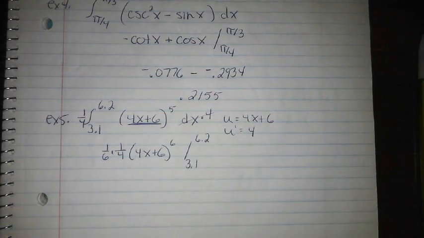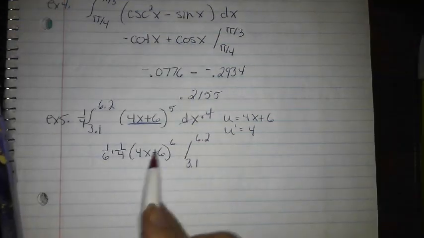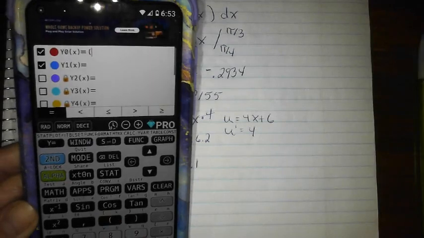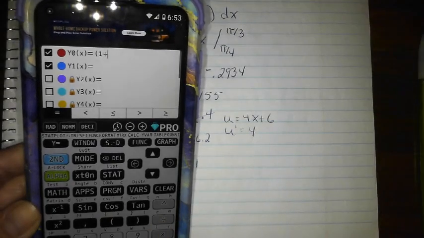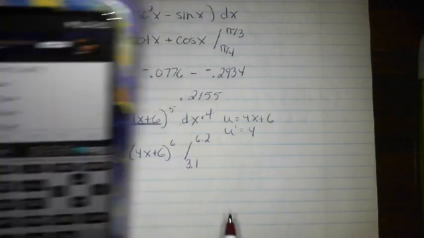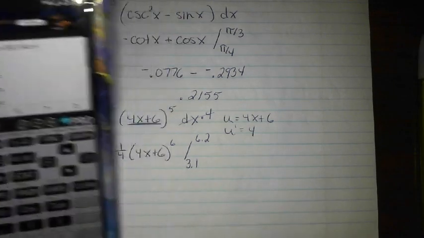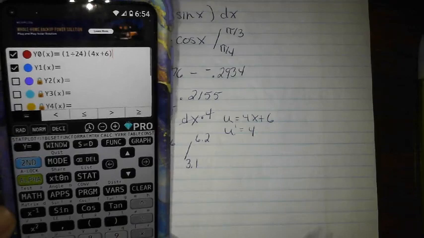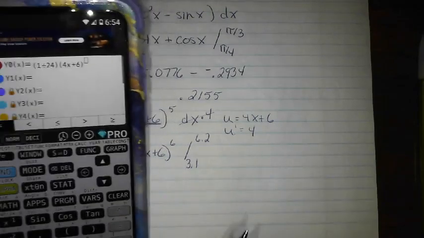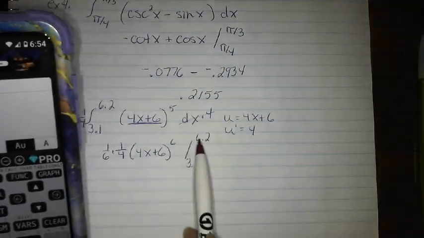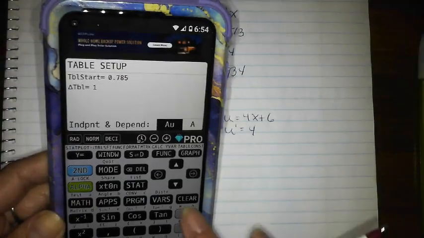And again, I find a table to be a little quicker than plugging that in twice. So that'll be 1/24 x plus 6 raised to the 6th. Table set. I want to start this at 6.2.